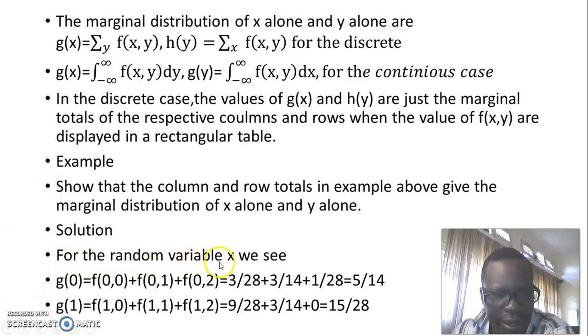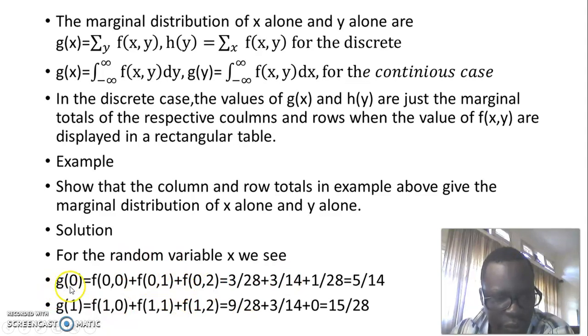For the random variable x, as we saw, x was the number of blue balls, we can see that g of the marginal distribution of 0 is equal to the sum for x is 0, y is 0, and x is 0, y is 1, and x is 0, y is 2.